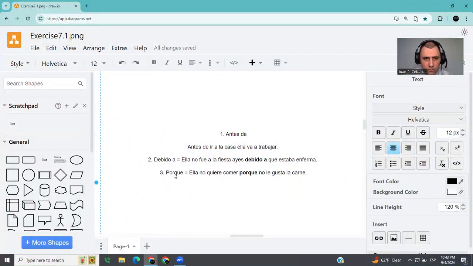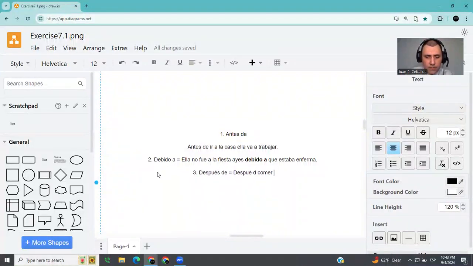Now, por qué is not a preposition. It's a conjunction, and we will talk about this later. So I'm going to take it out of here because it's not a preposition. And the third one will be después de, which is also extremely common.